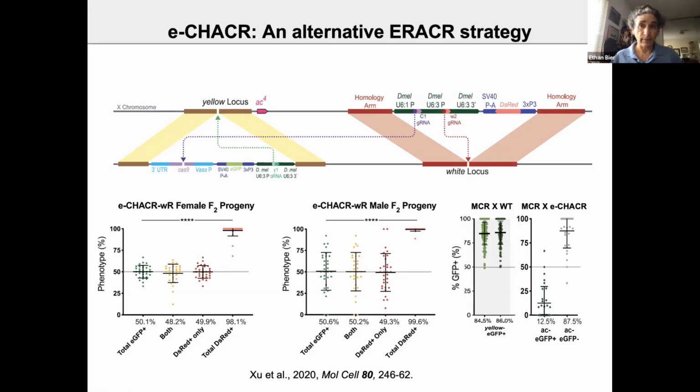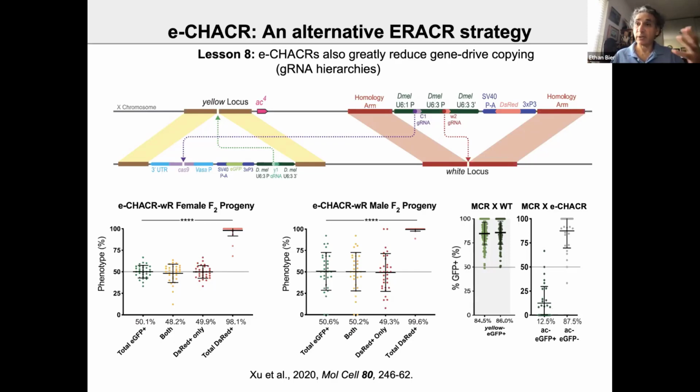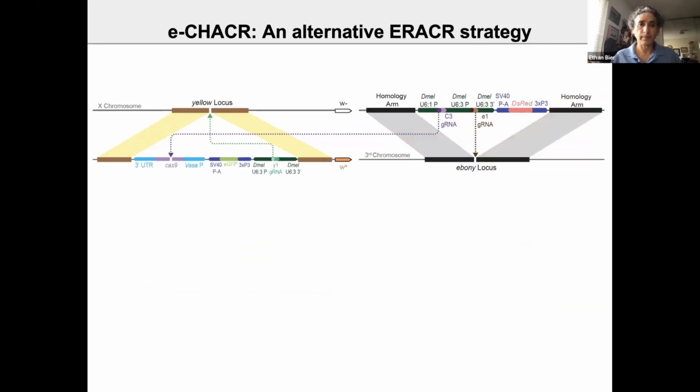So that's another feature of this system. So eCHACRs reduce copying of the gene drive, which is a benefit that's kind of thrown in. When we designed it, we didn't think of that being necessarily an effect, but it's a positive effect for their behavior.